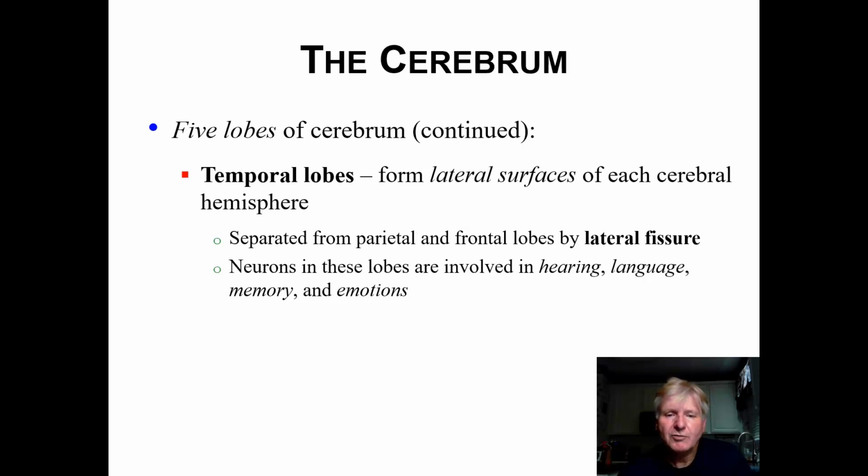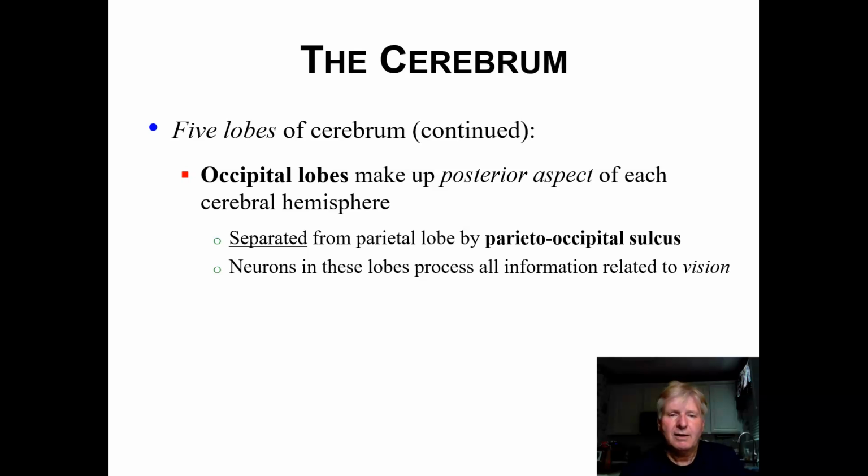These neurons in the temporal lobes are involved in hearing, language, memory, and emotion. Okay. The occipital lobe is on the posterior aspect of each hemisphere, and it's separated from the parietal lobe by the parieto-occipital sulcus. These neurons in the occipital lobe process all information related to vision.